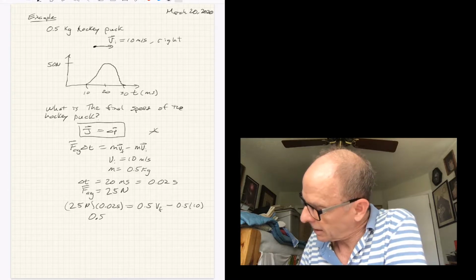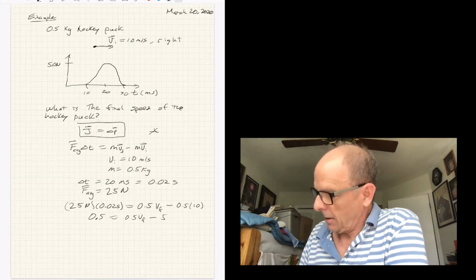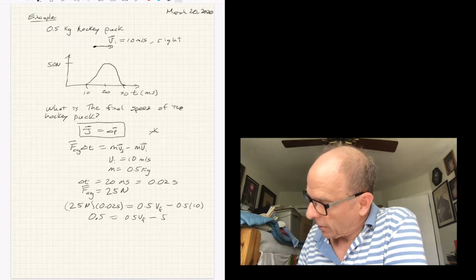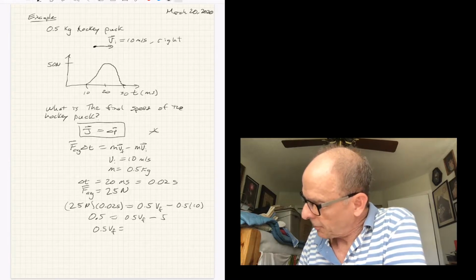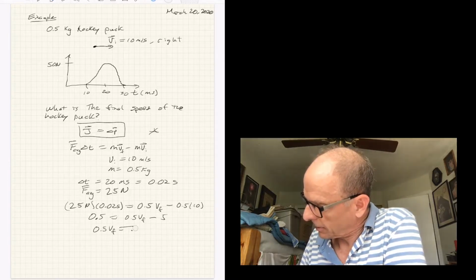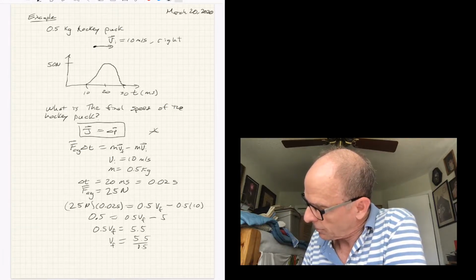And that equals 0.5 v_f minus 0.5 times 10, which is 5. Add 5 to both sides, and I rearrange that. I get 0.5 v_f equals 5.5. And that gives me v_f equals 5.5 over 0.5, or v_f equals 11 meters per second.